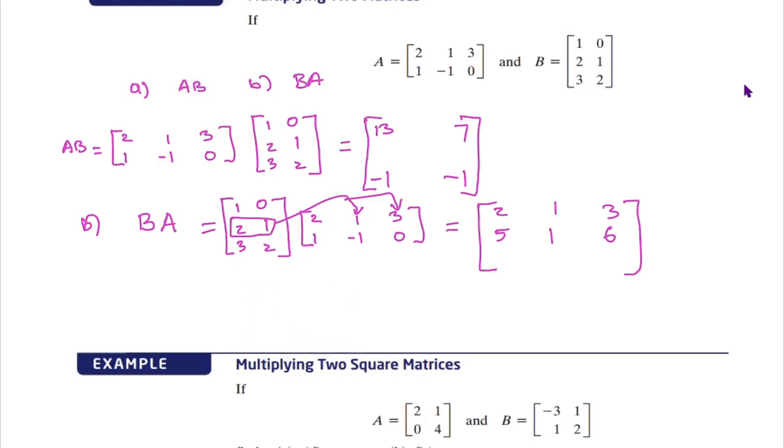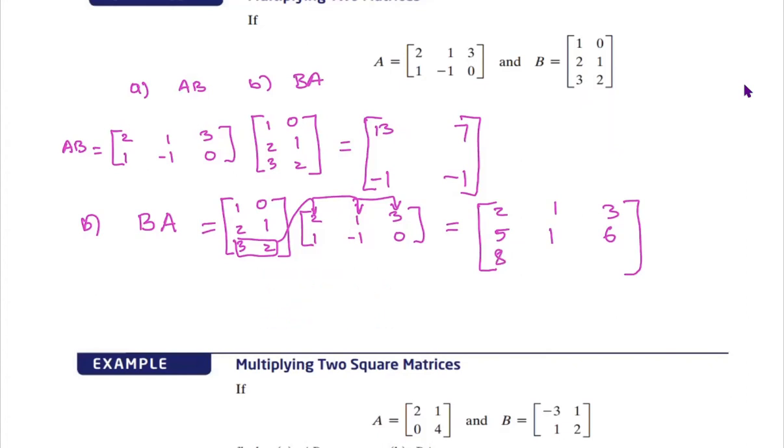Okay, and then now let's do the last row. We're going to go column 1, then column 2, then column 3. Column 1 is 3 times 2 plus 2 times 1, 6 plus 2 is 8. Now let's work with column 2.